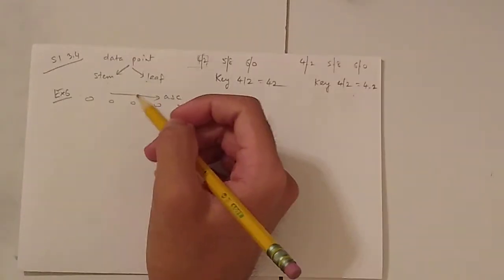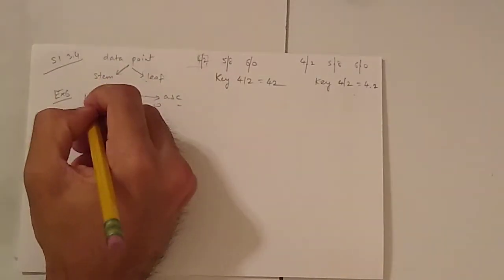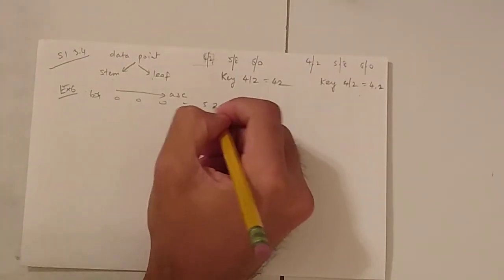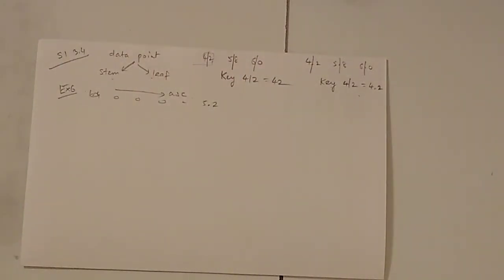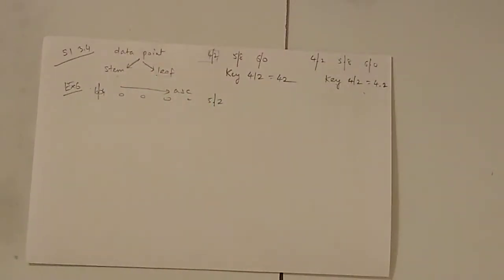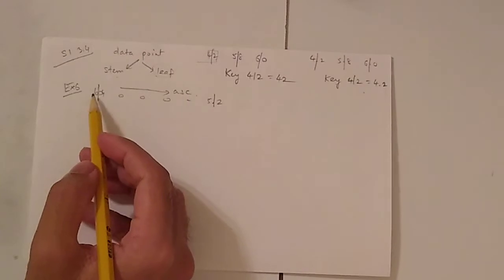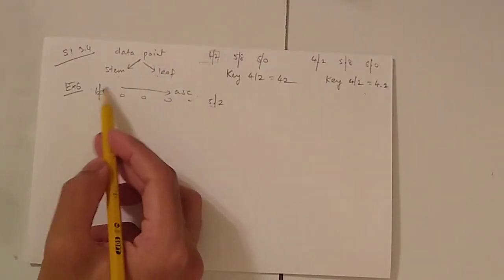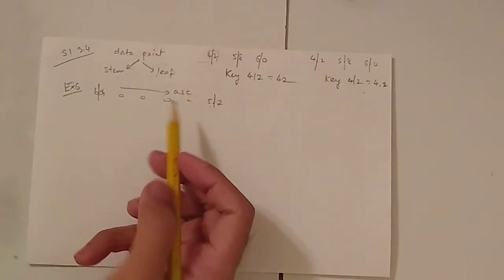Over here, notice that they are all decimal values. You have 1.4 as the very first value, and you have 5.2 as the very last value. They are all decimal numbers with one decimal place, so you break it down at the decimal point. In that case you'll have stems 1, 2, 3, 4 and 5, and the leaf would be the decimal digit.